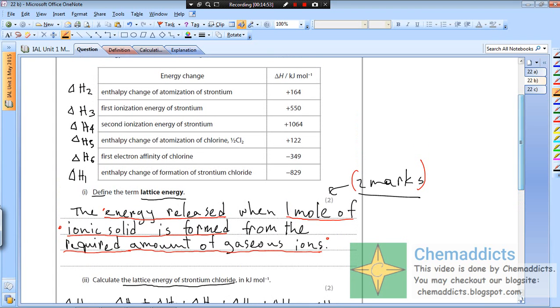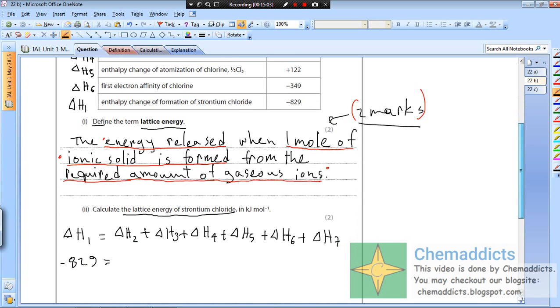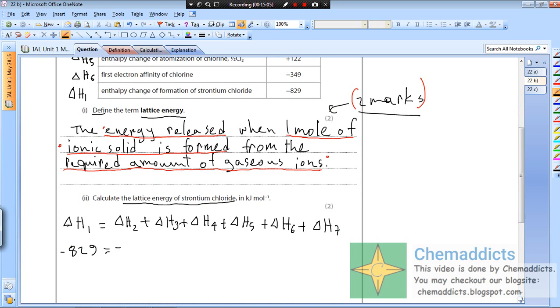So in here, enthalpy change of atomization of strontium is del H2, and the value of del H2 is plus 164. Then del H3. Del H3 is ionization energy, which is plus 550.